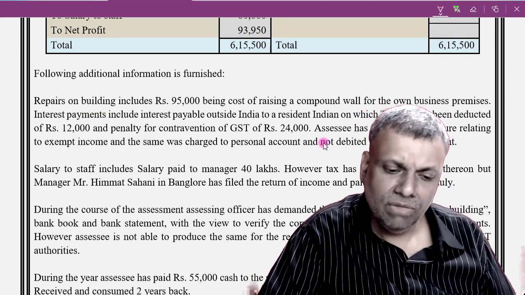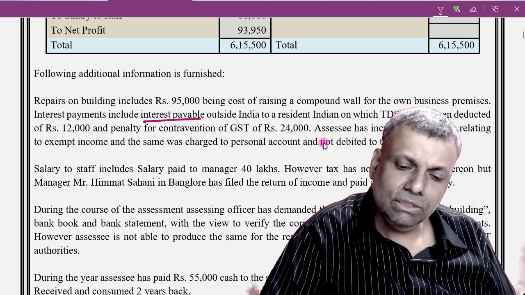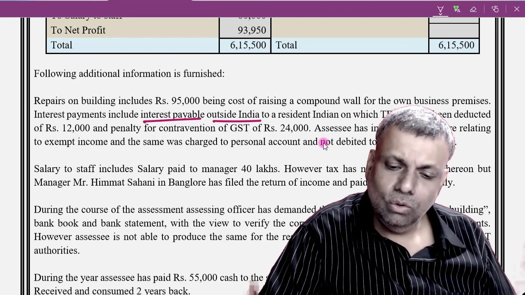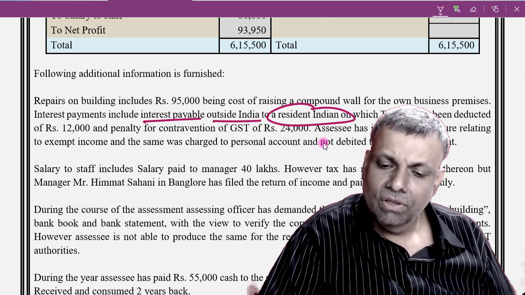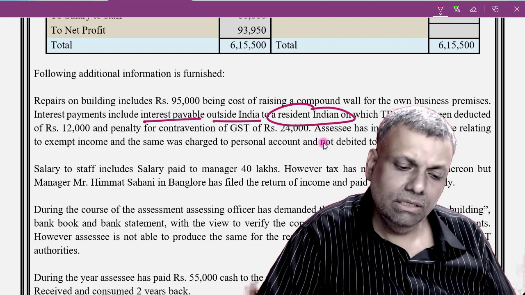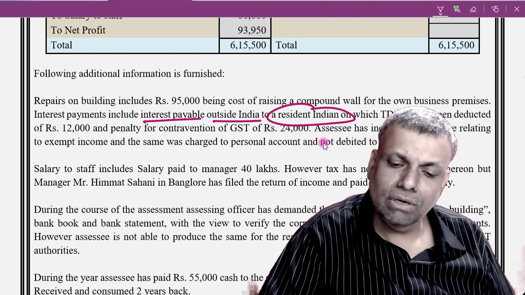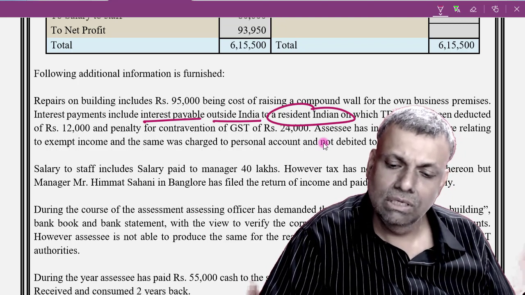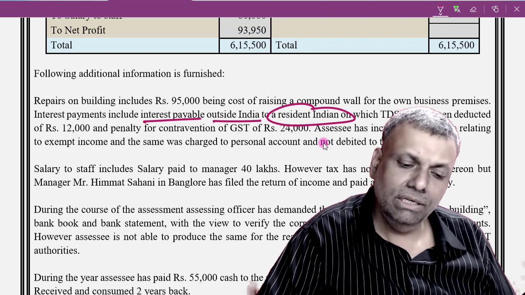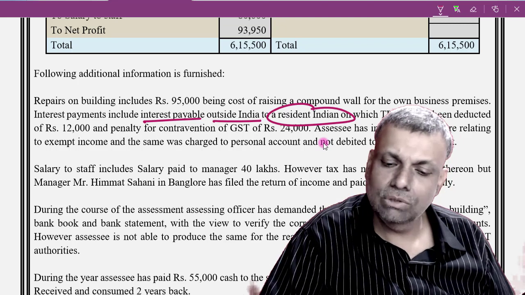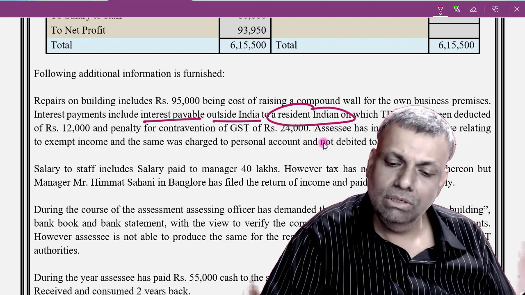Further, interest payment includes interest payable outside India to a resident Indian on which TDS has not been deducted, rupees 12,000, and the penalty for contravention of the GST is rupees 24,000. The assessee has incurred expenditure relating to exempt income and the same was charged to the personal account, not debited to the P&L.